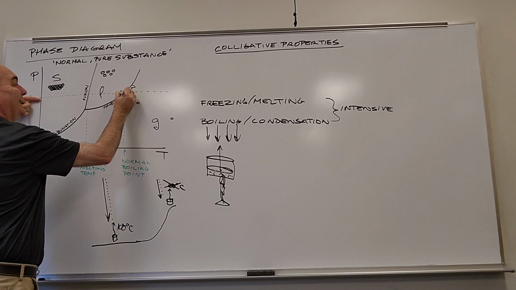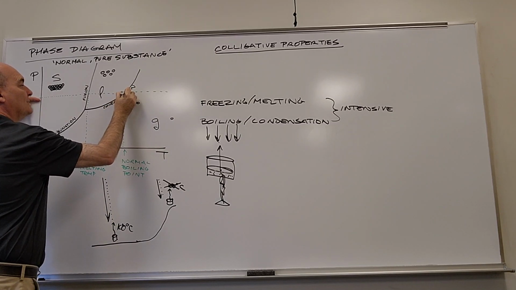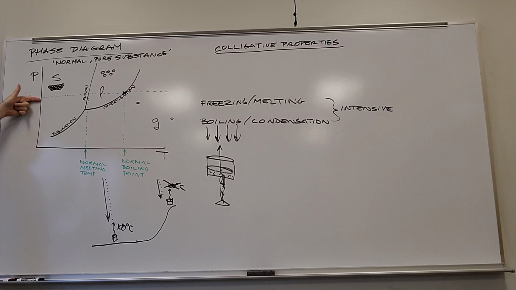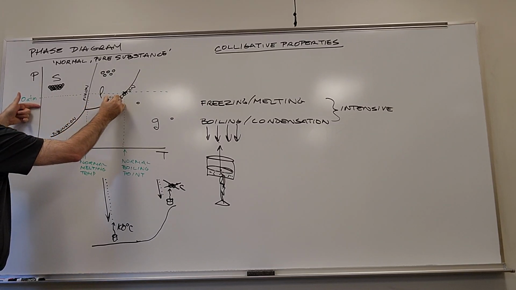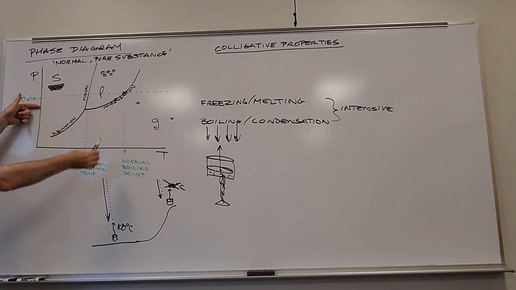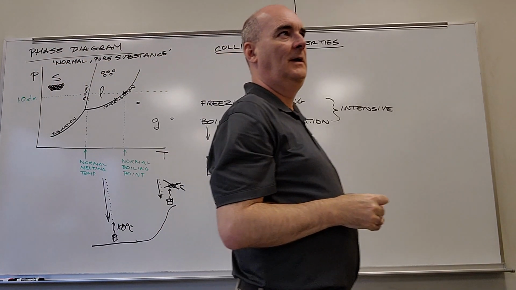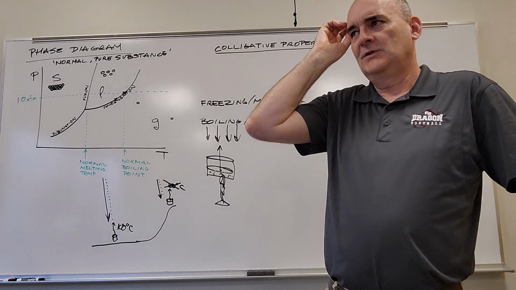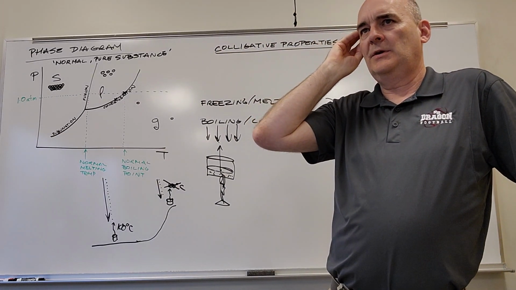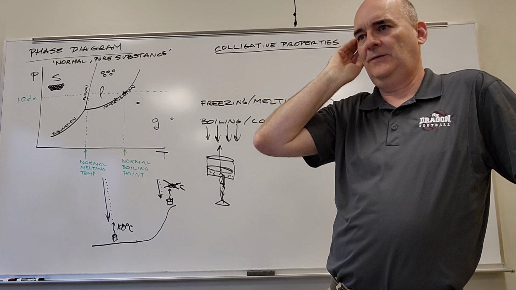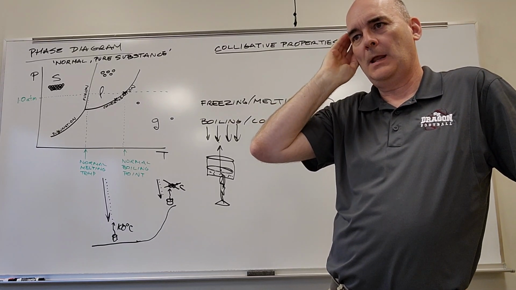This is my normal temperature. When I go up in altitude, my atmospheric pressure drops. And I slide down this curve, and now my water boils at 90-something instead of 100. Okay? I used to live at 5,770 feet of altitude.